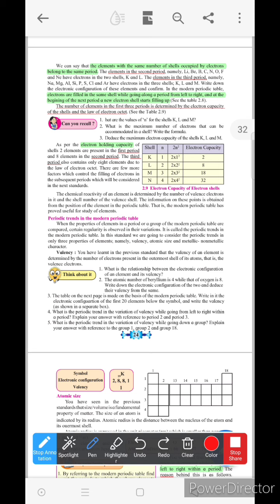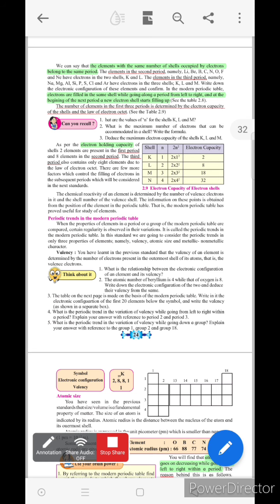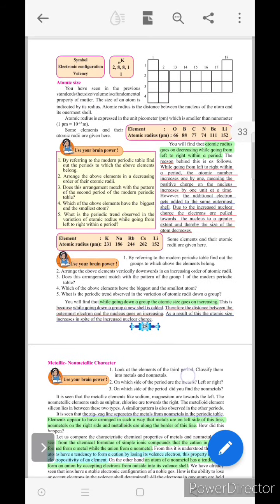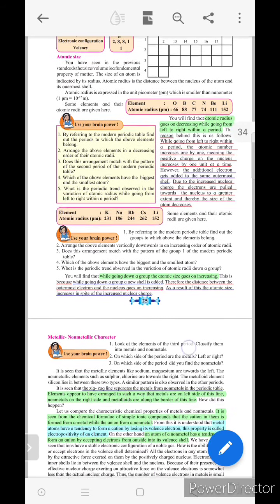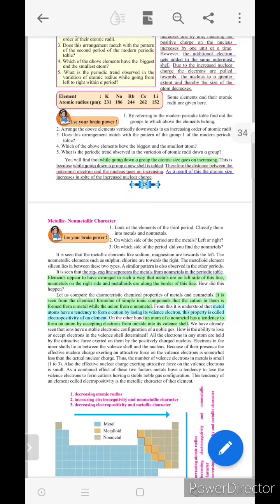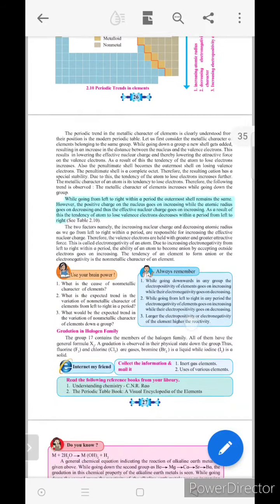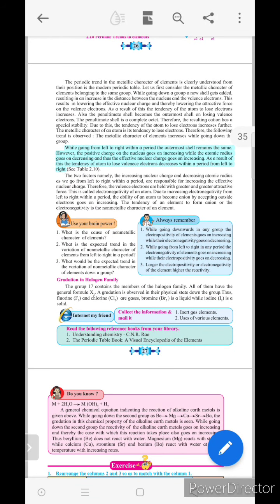Now we will move on to the next page. Page number 25, there is no reduction. Page number 26 also there is no reduction. Now page number 27.